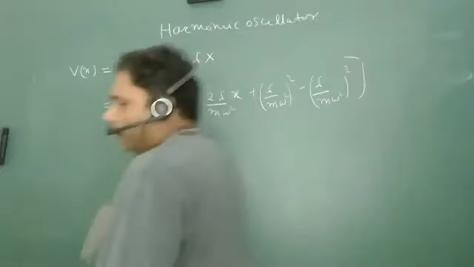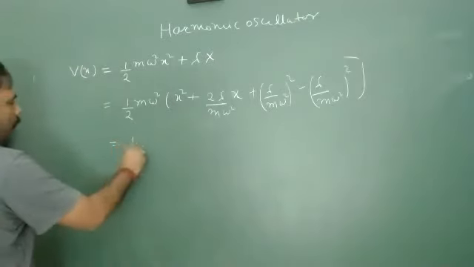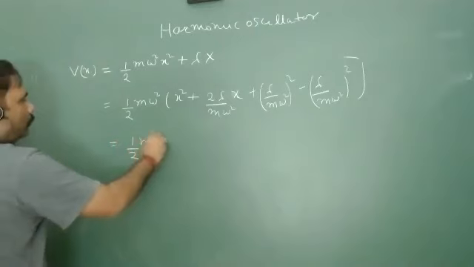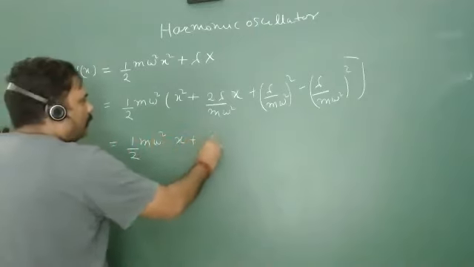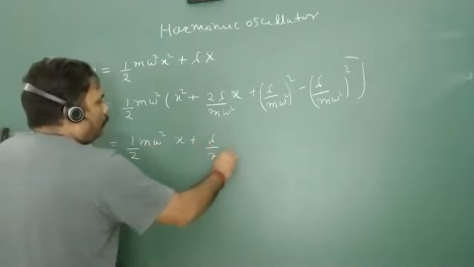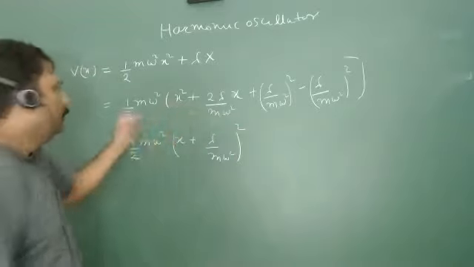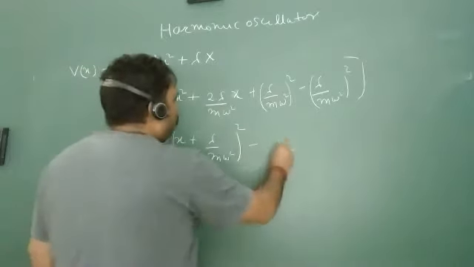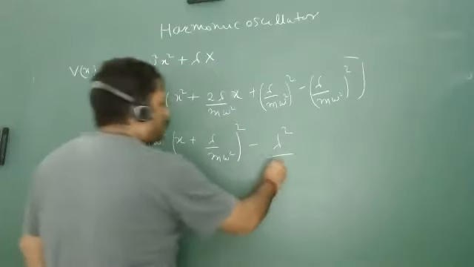If you do this, then this will be half m omega square x plus lambda upon m omega square whole square, this term, and then one negative term is there, that will be minus lambda square upon 2 m omega square, where m is cancelled and omega square is cancelled.